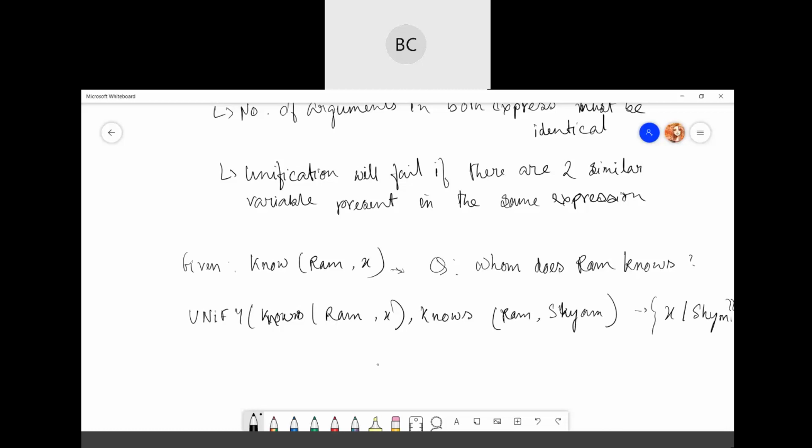Then maybe it has another sentence like Unify(Knows(Ram, X), Knows(Y, Akash)). So here also we can substitute X by Akash and Y by Ram.